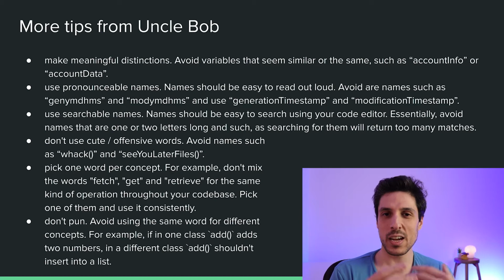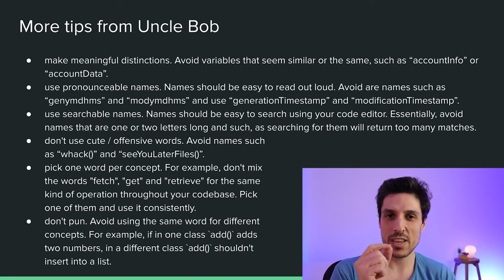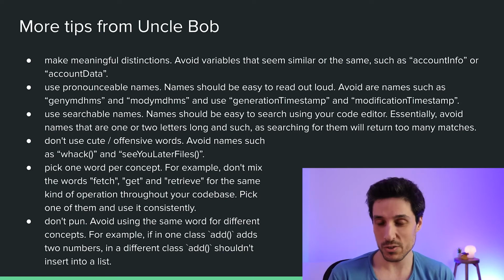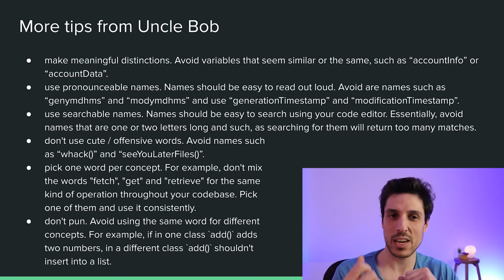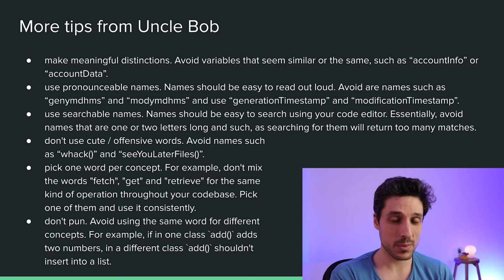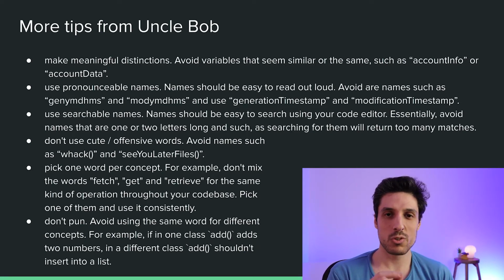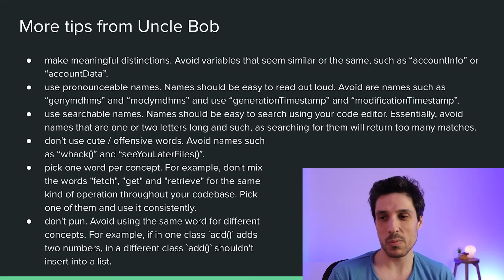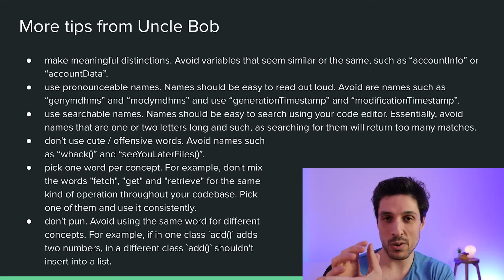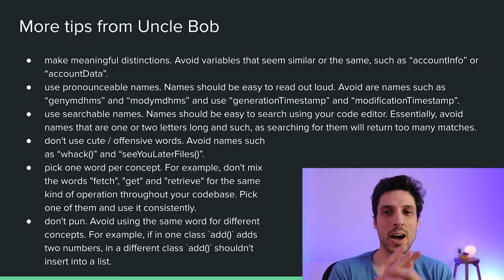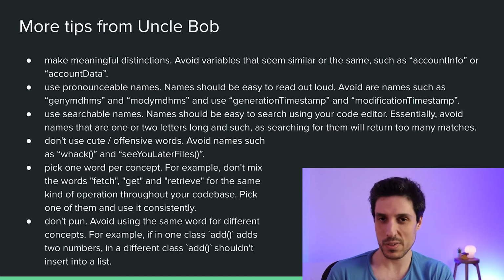And a similar point is not to use the same word for different concepts. For example, if you have a class with a method add that adds two numbers, don't also use the word add for adding a new item to a list. Add should add the two numbers, and you should use a different word for adding another item to the list.